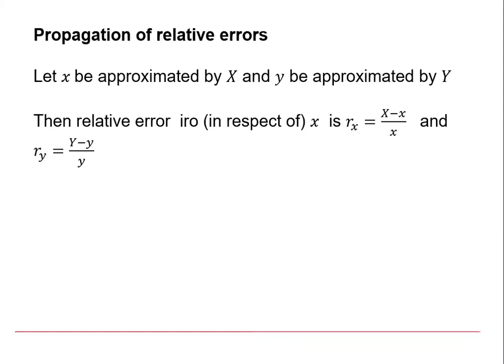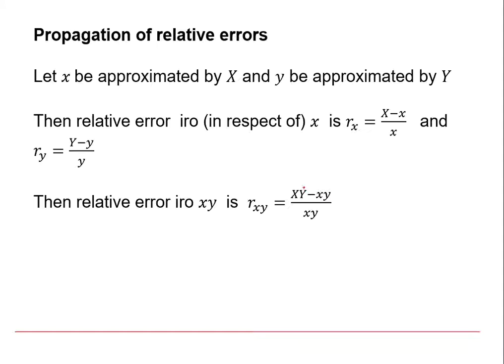Then if you remember, the relative errors for x and y were defined as shown here, so we're dividing by the actual value or the true value in both cases, and the relative error for the product of x and y is defined in the same way.